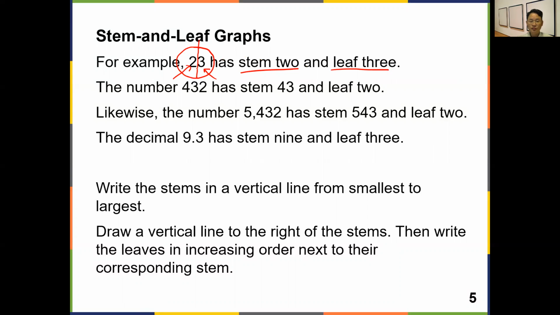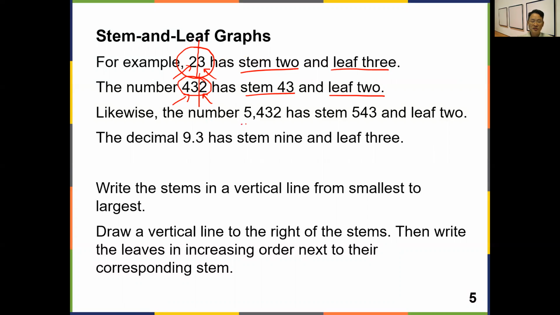If you have a 2-digit number like that, that's how you divide the stem part and the leaf part. Now, for example, if you have a 3-digit number like that, then we cut it right there, and this 43 is going to be the stem part, and this 2 is going to be the leaf part.